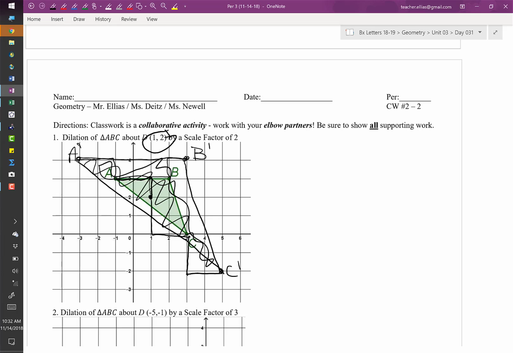Take it home, work on it. Tomorrow we're going to practice. All we're going to do is just practice. We're not going to do any lesson.